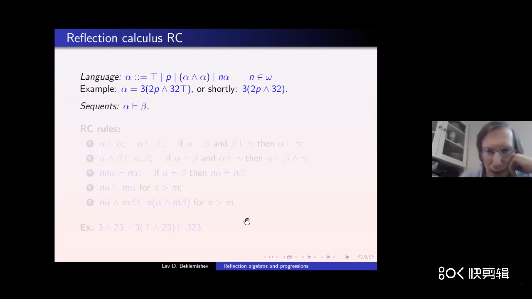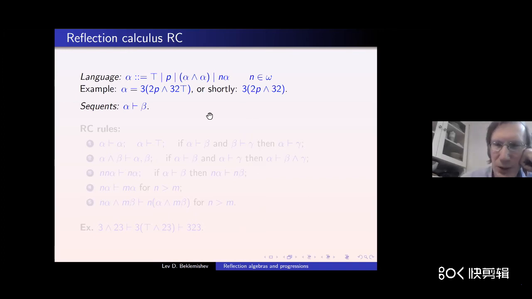So the system of identities can be seen as a system of expressions of the form alpha turnstile beta, where turnstile is a proof-theoretic notation just for the less-than operation that I represented earlier. Algebraically, it's less than. So what is this reflection calculus? It's an extension of a weak propositional logic.